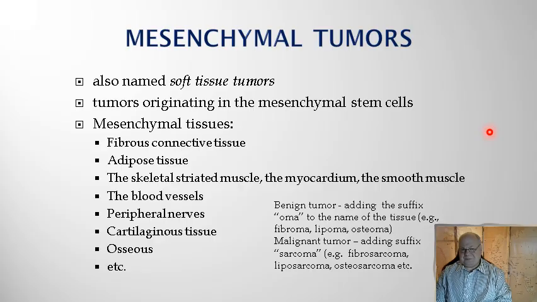These non-epithelial or soft tissue tumors have their origin in almost any tissue type other than epithelial, and generate from each of these tissues at least one benign and one malignant tumor. For this reason, we'll have a lot of entities in this group of soft tissue tumors. But as an entire group, they are not as frequent as the epithelial tumors are.